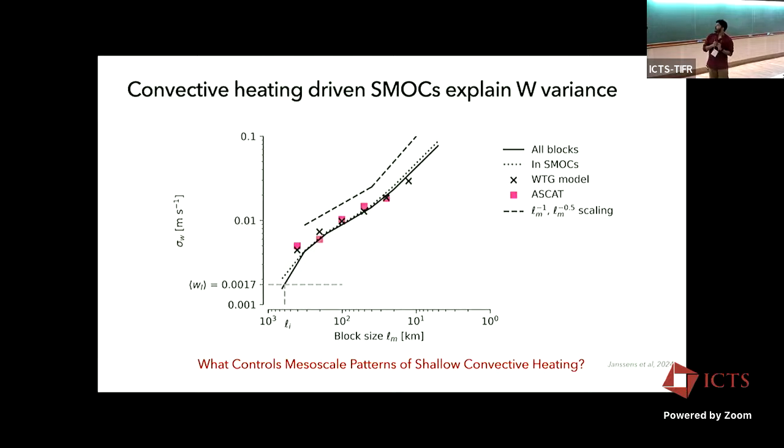But the radiative cooling rates didn't differ too much between the different branches of the circulation, and even when there were differences, the sign wasn't right. It wasn't cooling where you would expect to have the descent. And then we also checked that in the LES.